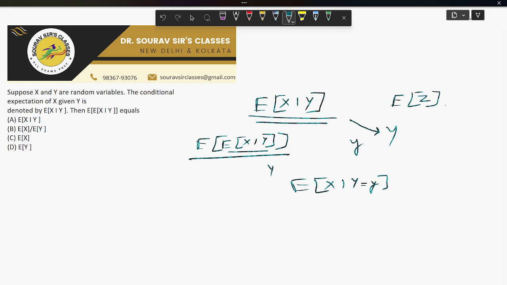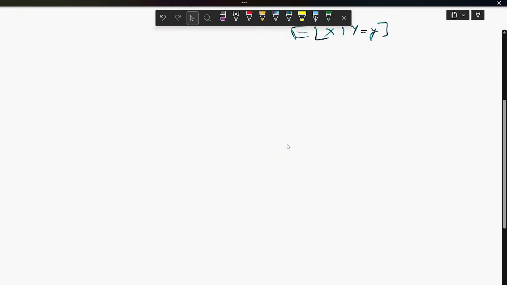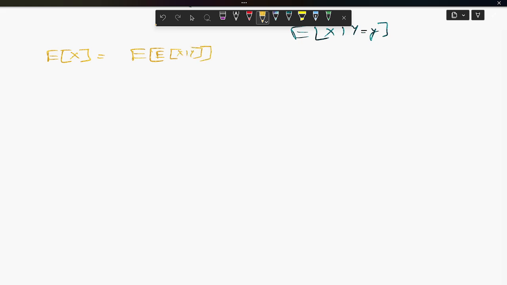Now the law of total expectation. A fundamental property in probability is the law of total expectation, also known as the tower property. What is it? E[X] equals E[E[X|Y]].